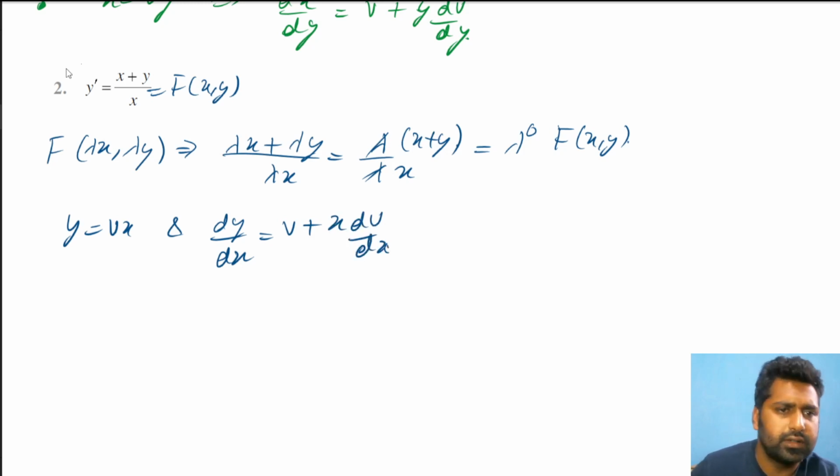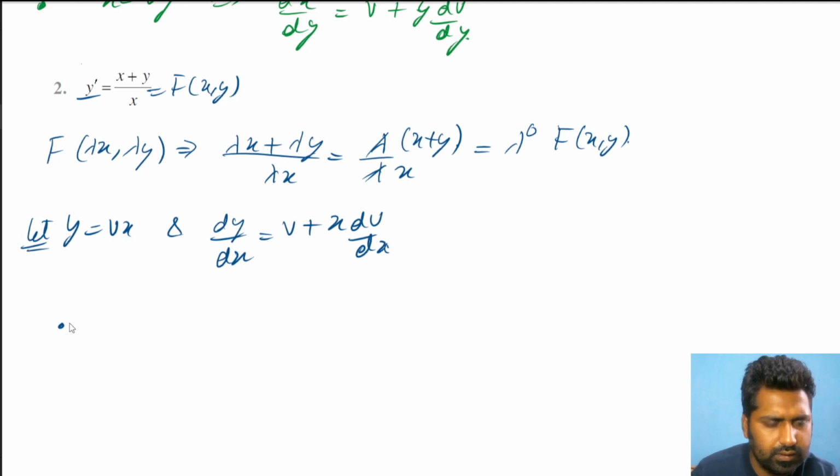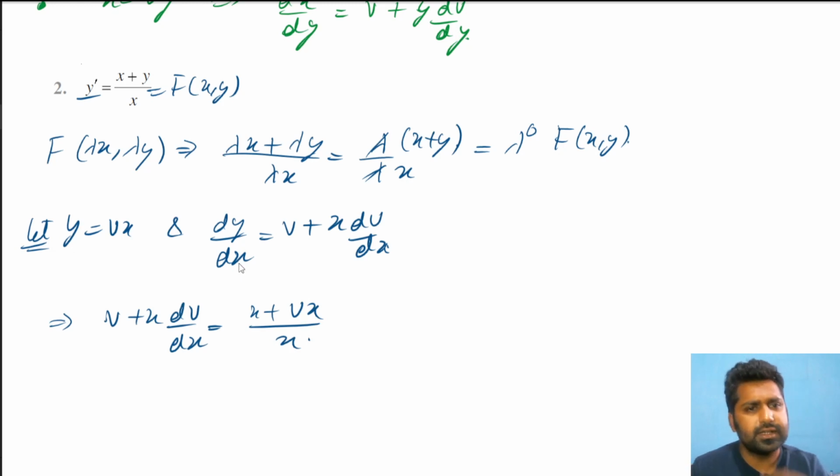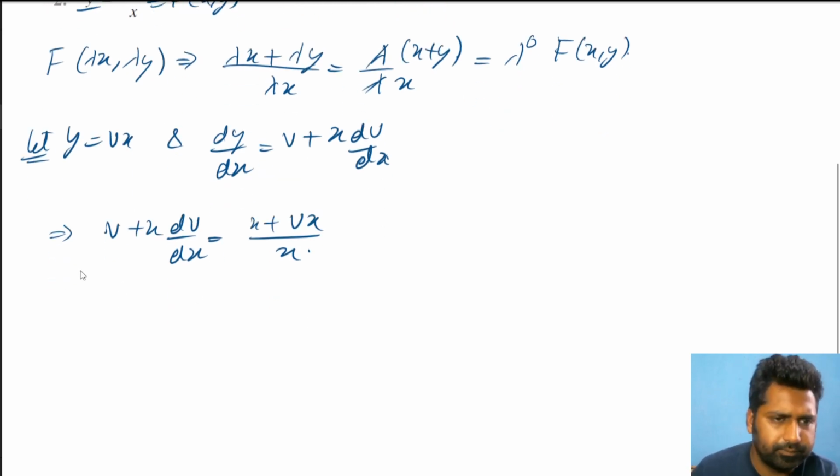Let's put it here, replacing dy by dx by v plus x dv by dx. And x is as it is, y is vx upon x. So what we have done is replace this question with y as vx and dy by dx as v plus x dv by dx. Now let's solve this.